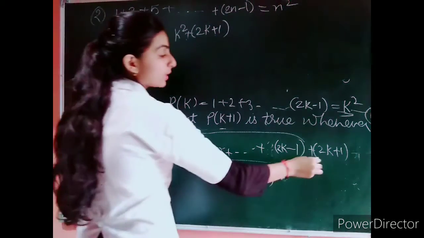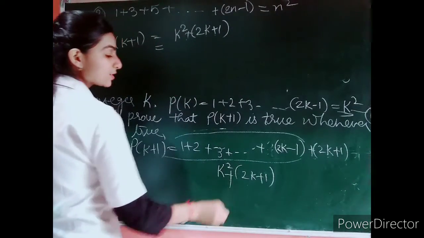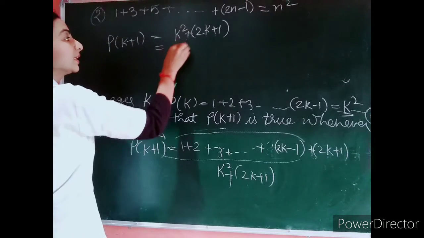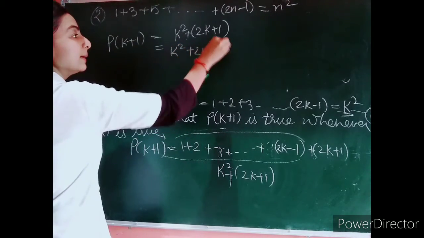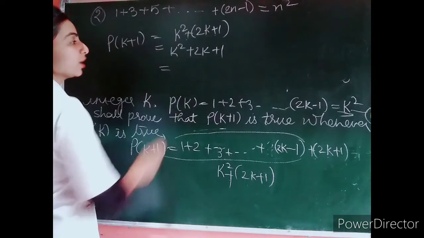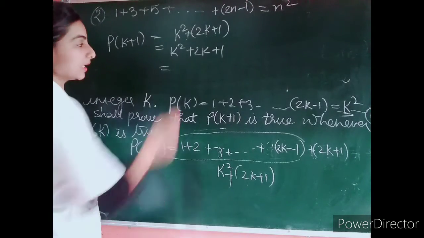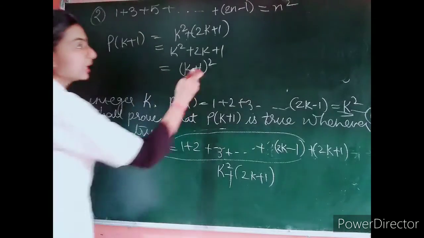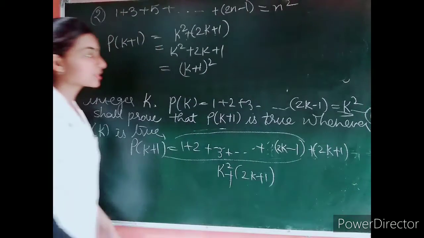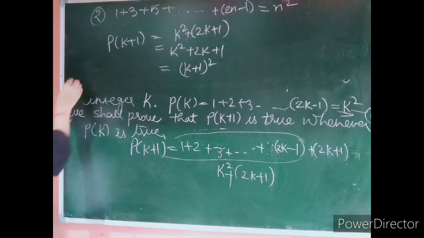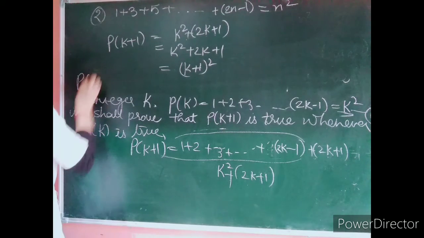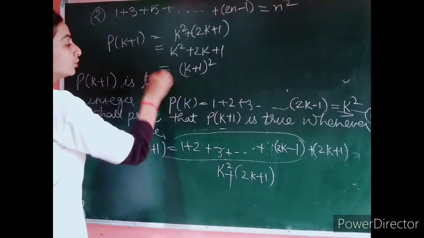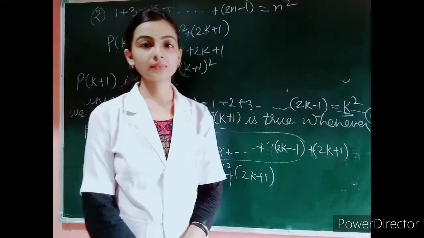Then k square plus 2k plus 1 is the square of k plus 1, which is similar to the given equation, that is n square. So we can say that Pk plus 1 is true whenever Pk is true.